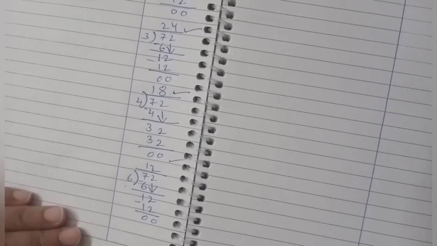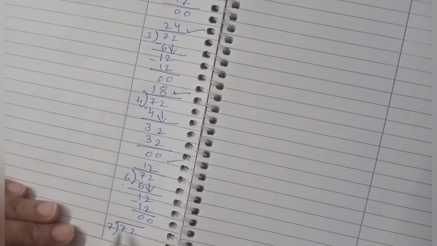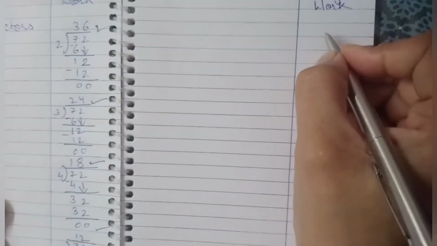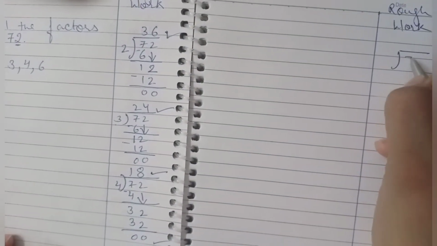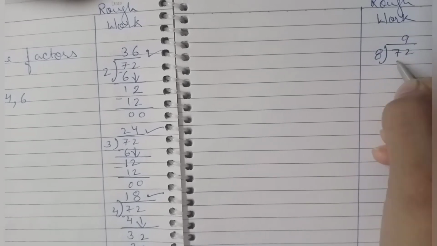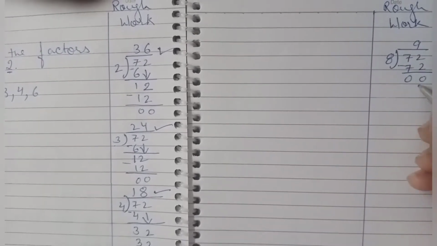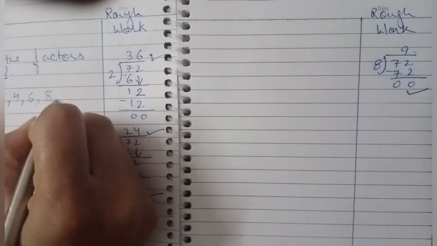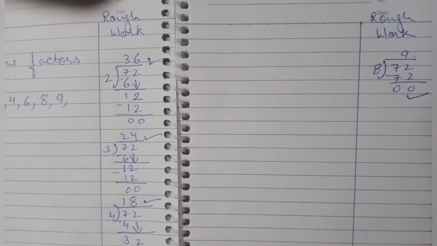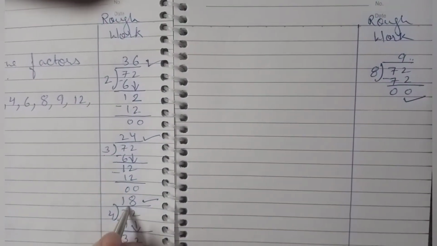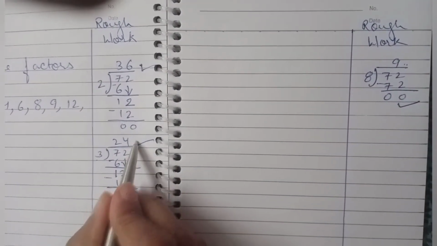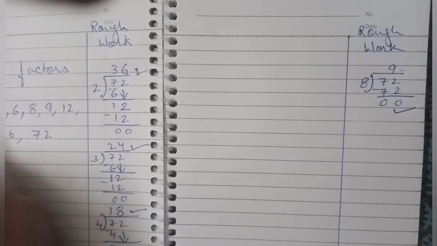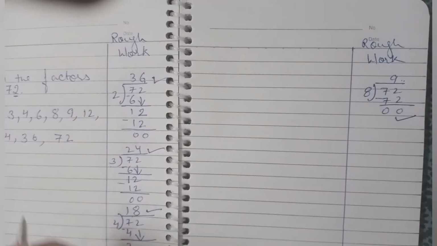Then in the table of 7 also 72 doesn't come. Then 8 nines are 72. So you have to read the tables of numbers and you have to use your common sense. You have to divide 72 by most of the numbers which you think can divide 72 completely. So here we have divided and we have seen that 1, 2, 3, 4, 6, 8, 9, 12, 18, 24, 36 and 72.